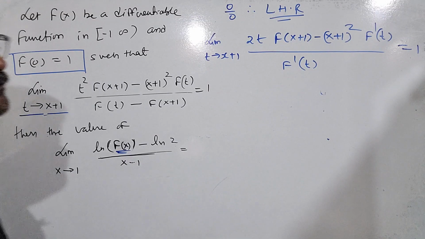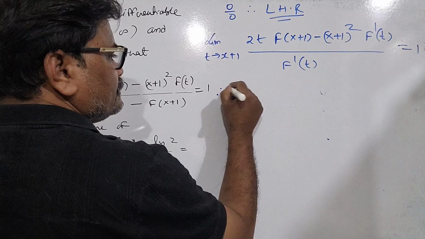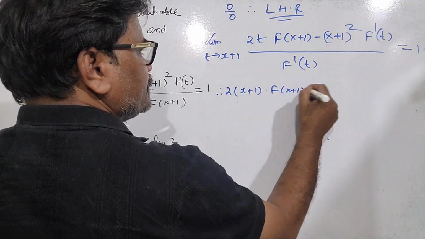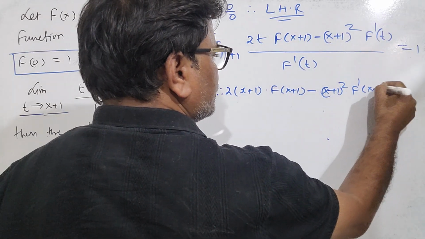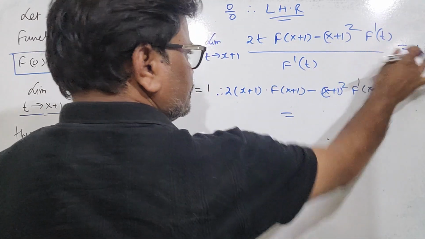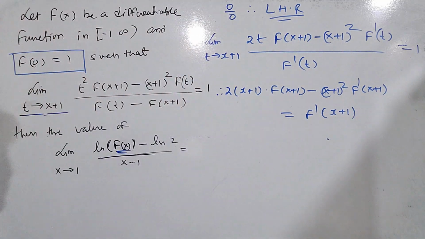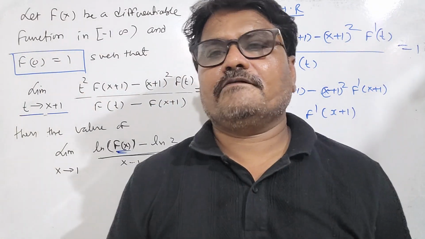Correct? Now the 0 by 0 form is removed, therefore I can substitute. So this is 2 times (x+1) into f(x+1) minus (x+1) whole squared f dash of (x+1) equals, cross multiplying, f dash of (x+1). So from here we will determine the function f(x).